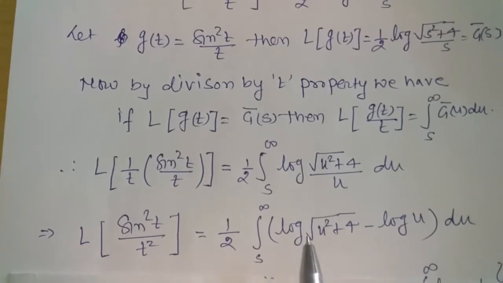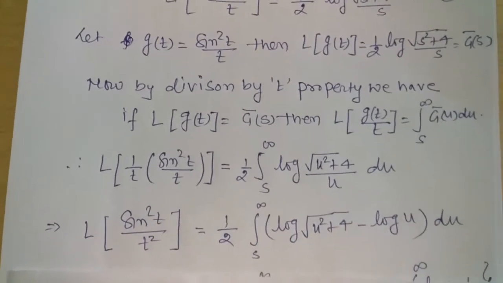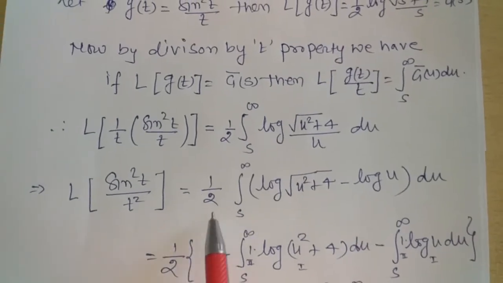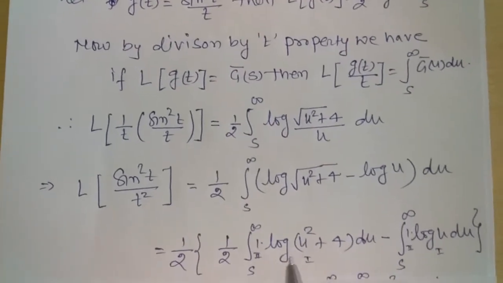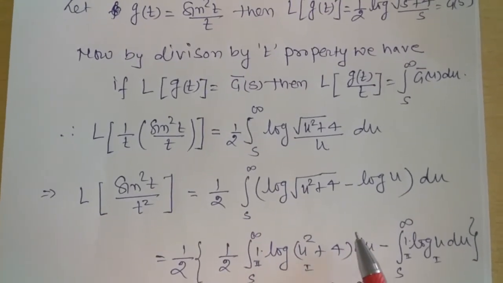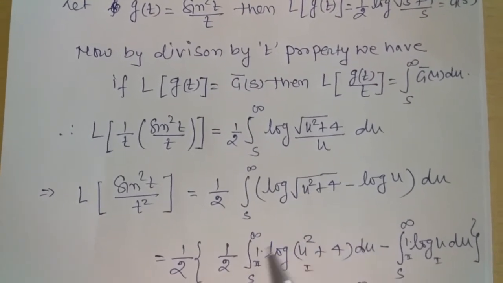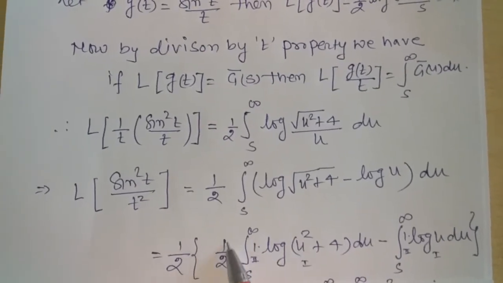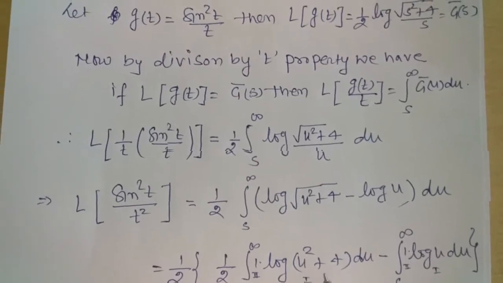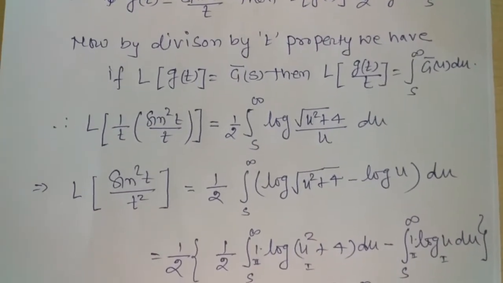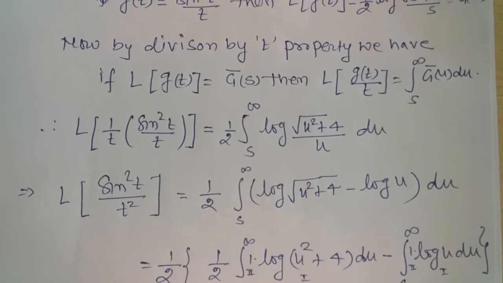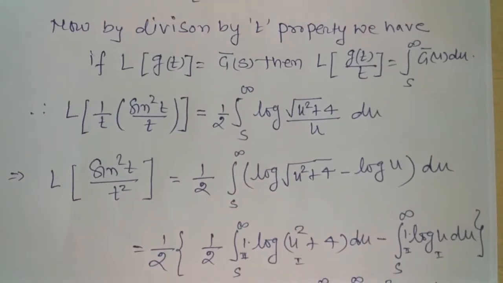Here we separate two integrals, with 1 by 2 constant as it is. Now the square root is power half, and using the property of log, the power half goes in the multiple. So we have 1 by 2 times the integral from s to infinity of log of u square plus 4 du, and the second integral is from s to infinity of log u du.